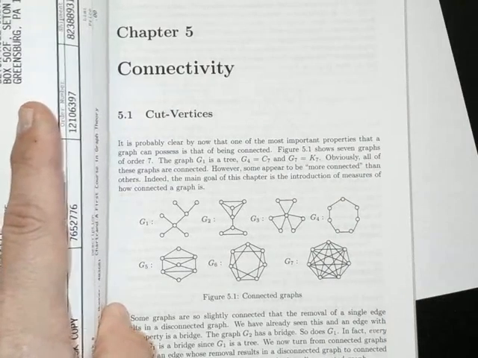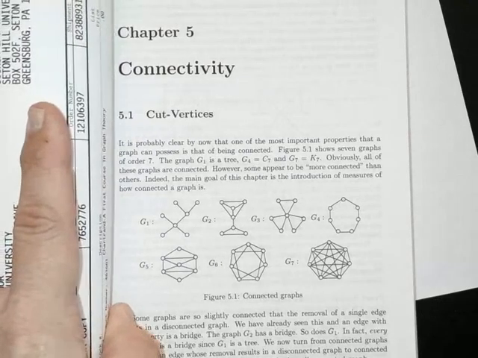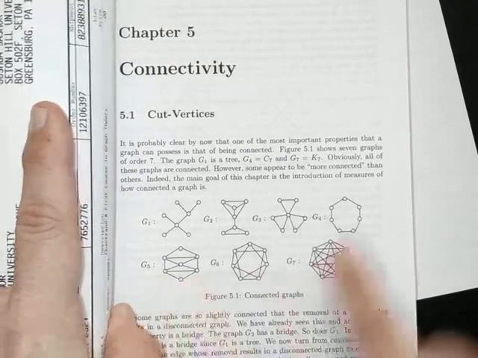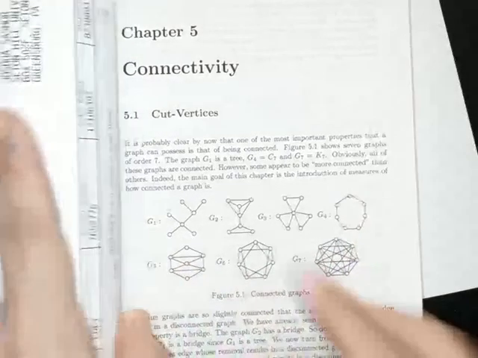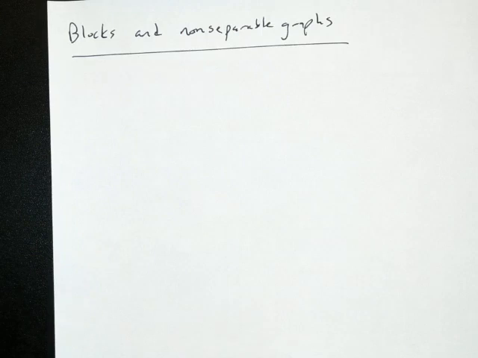But G4 through G7 do not have such options. There are no cut vertices in any of these four. A graph with no cut vertices is called non-separable, assuming it's connected to start with.